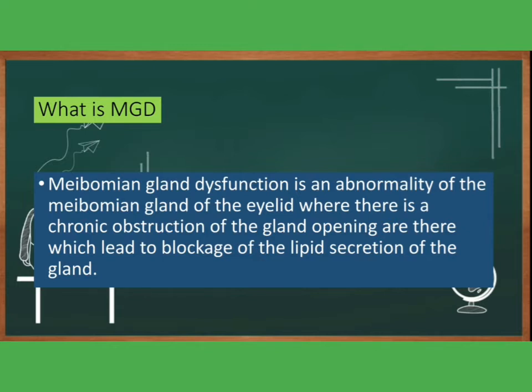Meibomian gland dysfunction is an abnormality of the Meibomian gland of the eyelid, where there is a chronic obstruction of the gland opening, which leads to blockage of the lipid secretion of the gland. So that is Meibomian gland dysfunction.